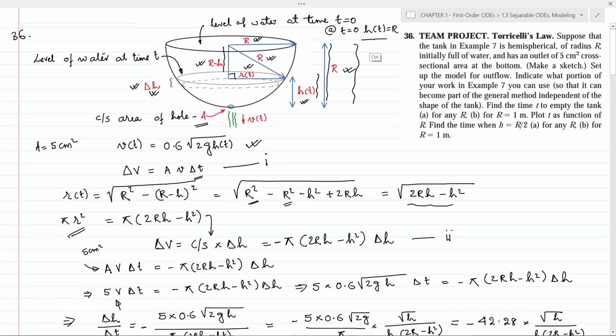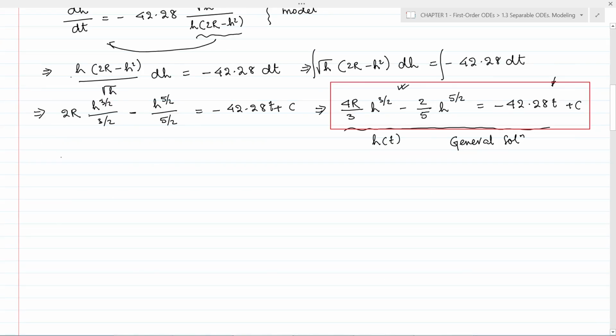This condition, h of 0 equal to r, we can put in the general solution to find the particular solution. So, we have the initial condition h of 0 equal to r.